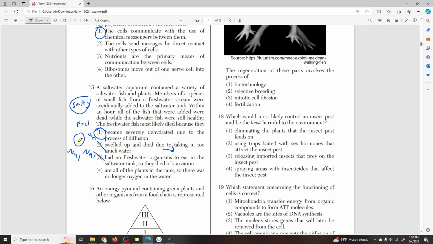Inside of you, there's very little NaCl. Outside of you, there's a bunch of NaCl. So the universe wants there to be an equal amount of NaCl and H2O inside and outside of the cell. So because you have no salt to offer, and you have a bunch of H2O inside of you, right?